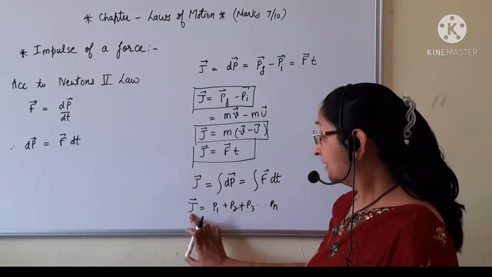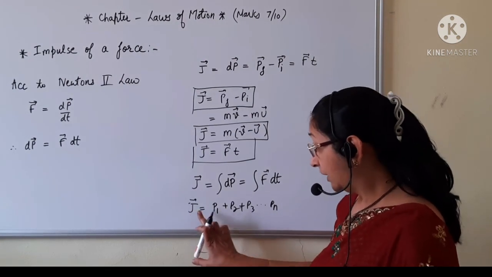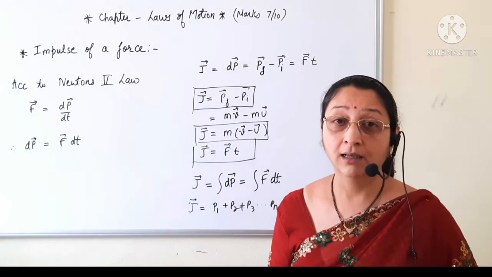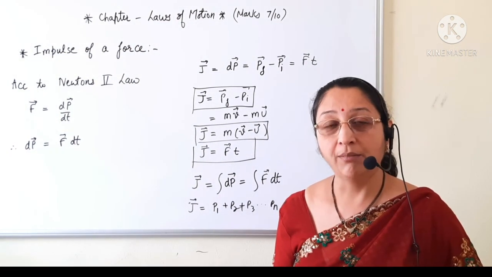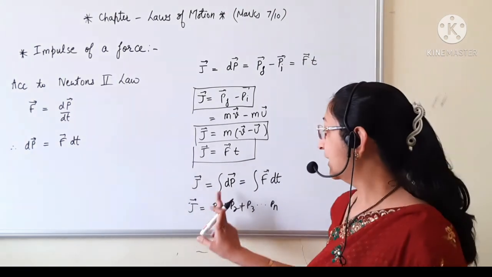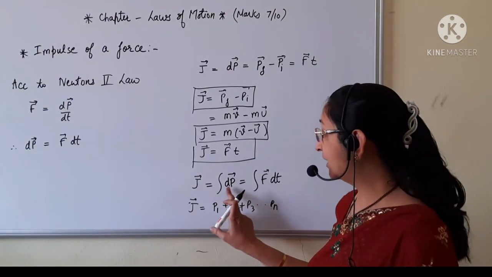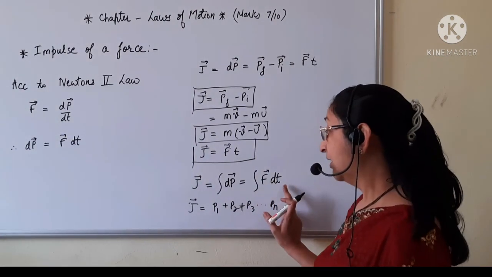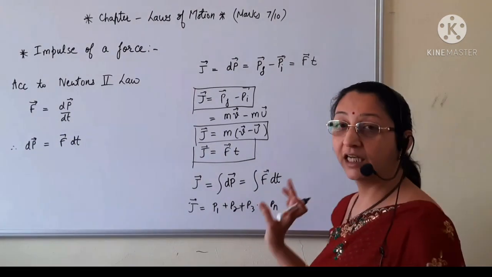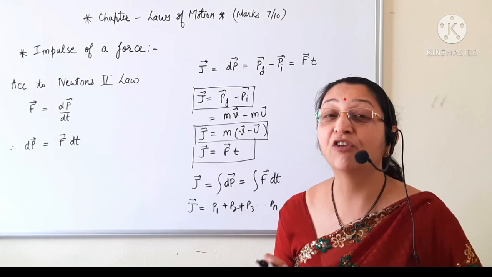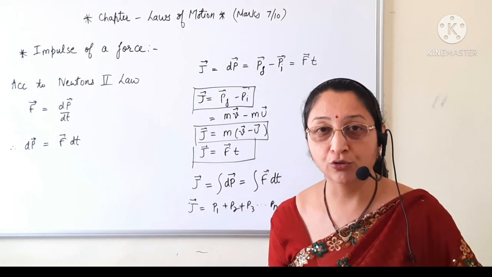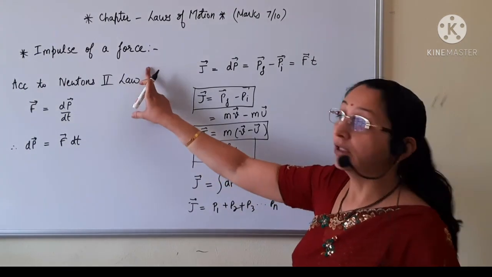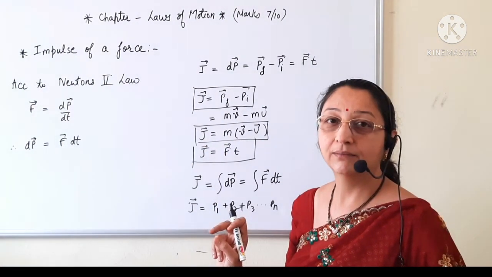So instead of adding all such terms, we use the integration part of mathematics, that is we integrate. So the integral of dP, that is the integral of F dt, with the help of this integration, if the force is varying, then also we can find the impulse of the force. Thank you.